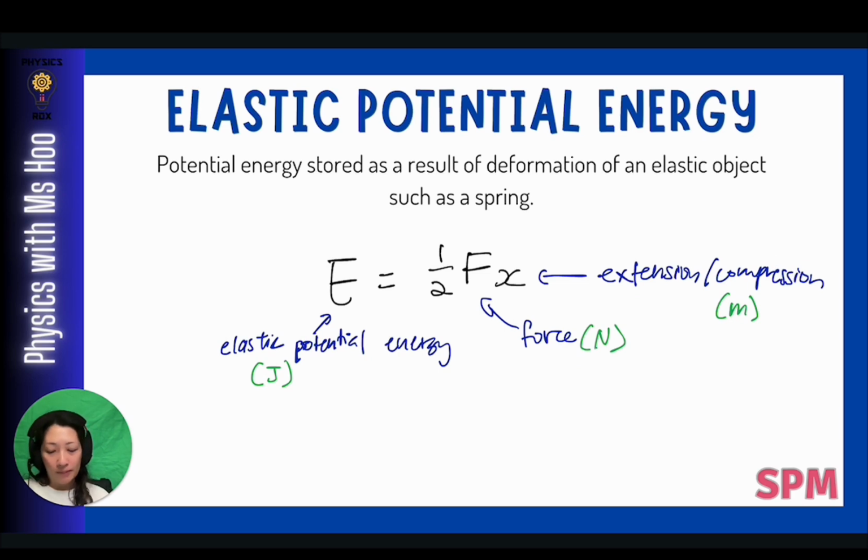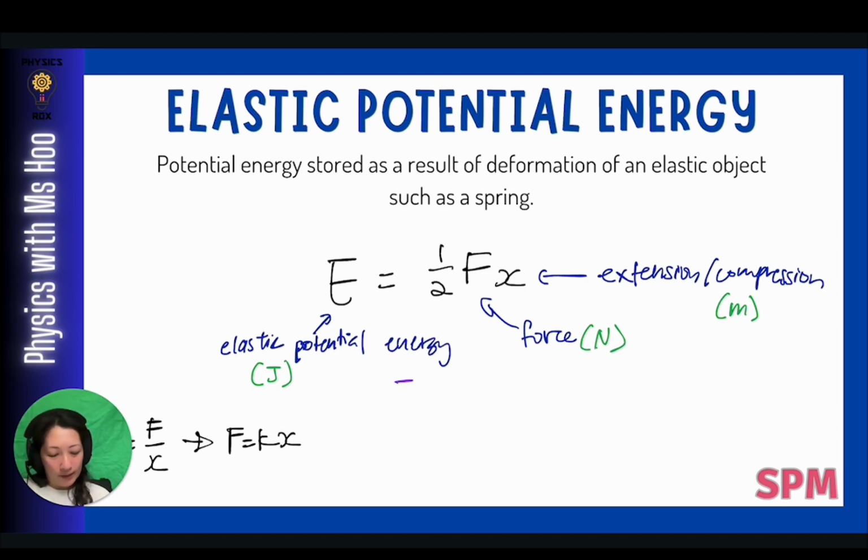Now, sometimes you may be required to combine this elastic energy with the spring constant formula. So we already know from the previous slide that K equals F over X, which can be rewritten as F equals Kx. We can take this and substitute it into this formula, forming a new formula.